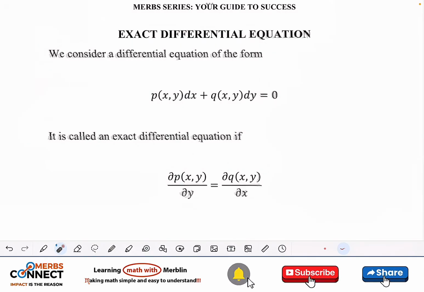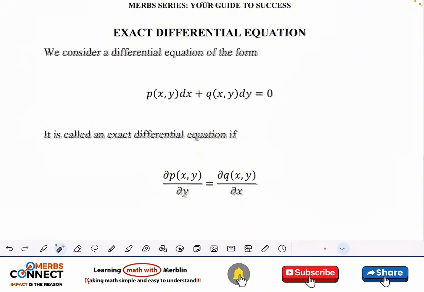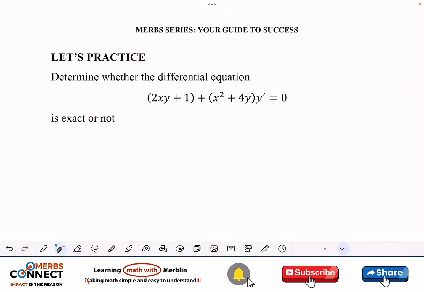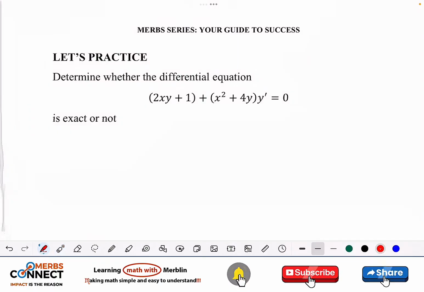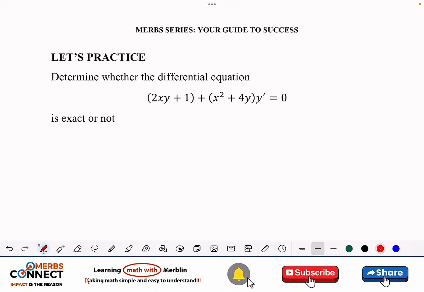Let's take an example to understand the exact differential equation before we talk about how to use the method to solve. So what's the first thing that we need to do? Remember the standard form. This is the standard form. So we need to have something like this. So given 2xy plus 1 plus x squared plus 4y, y prime, where y prime is the same as dy over dx.